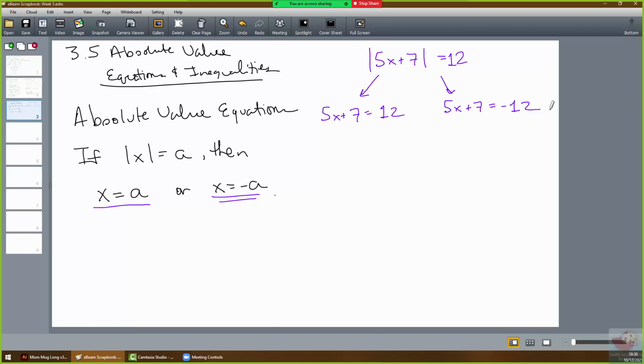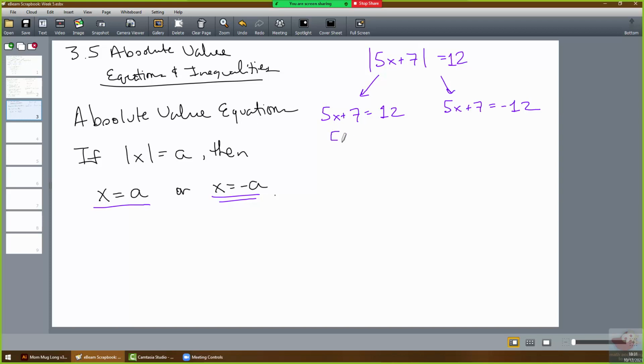So we turned our absolute value equation into two linear non-absolute value equations. How would you solve for x in both equations? Subtract. And then? After we subtract, we're going to then divide. Perfect.